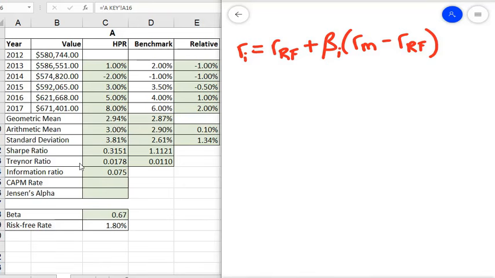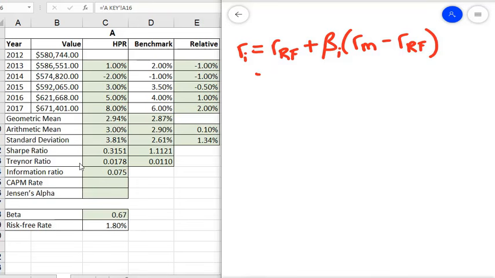And what that means is if this stock or this asset were as risky as the market, as its benchmark, then it would have a beta of 1, and therefore it should get the same risk premium as the market or the benchmark. Add that to the risk-free rate, and that would give us the entire return. If this particular asset were riskier on a systematic risk basis than the market, it would have a beta of greater than 1, and likewise, if it were less risky, a beta of less than 1.